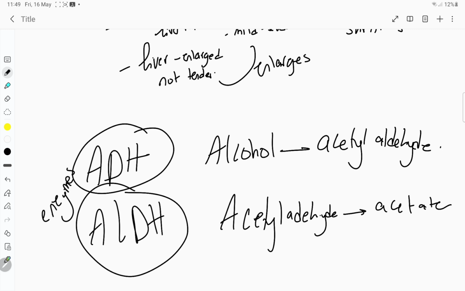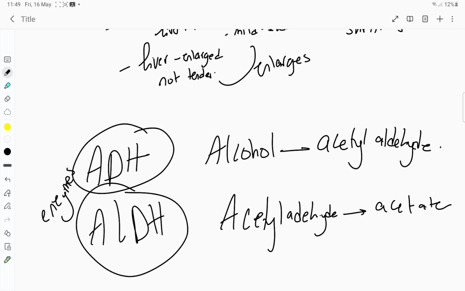People who have low levels of ALDH are more susceptible to the toxic effects of acetaldehyde.